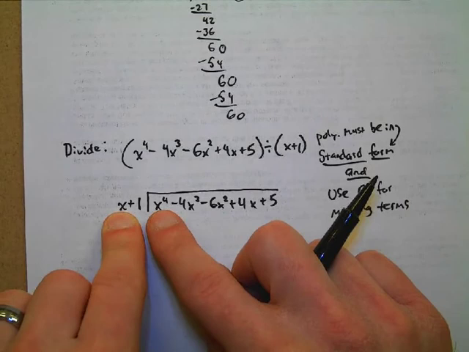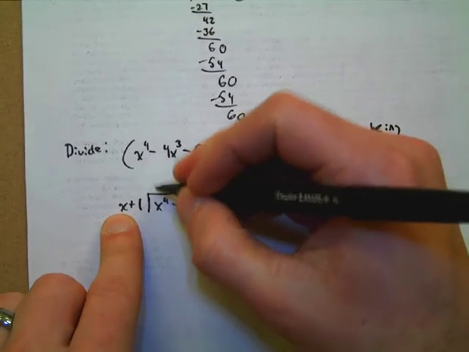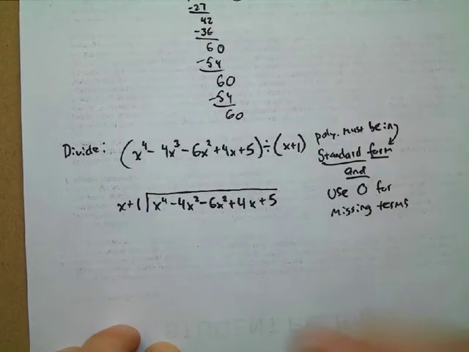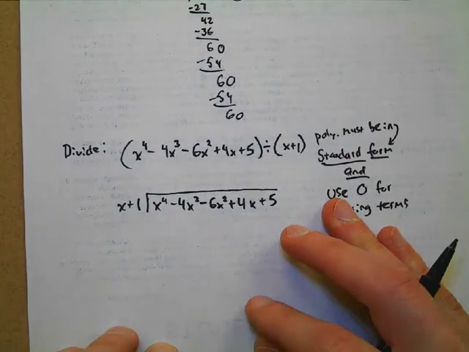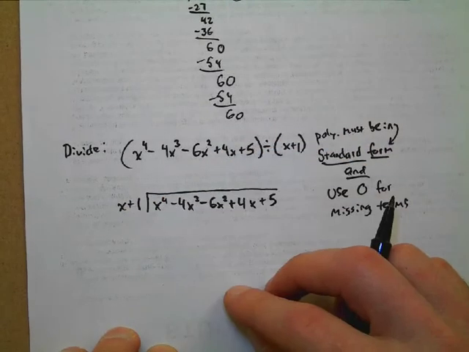And I want to know, what do I need to multiply this x with to get this x to the 4th to go away, to cancel out. So what times x will give us that x to the 4th there? X to the 3rd, right? So yep, x to the 3rd.